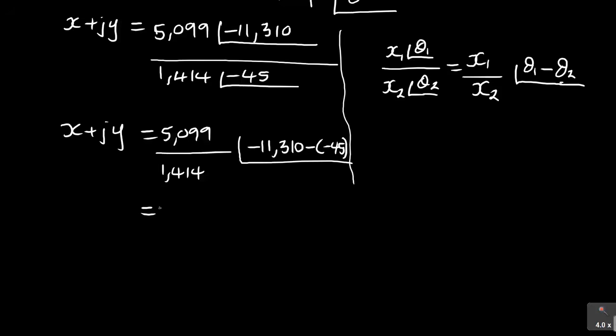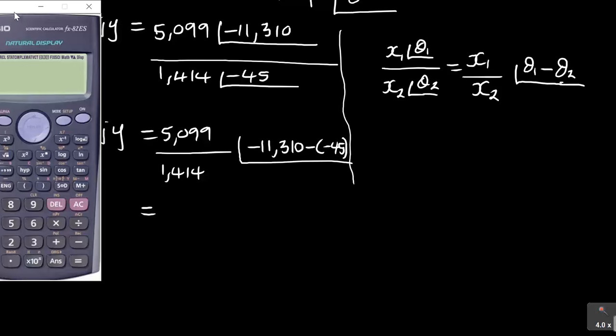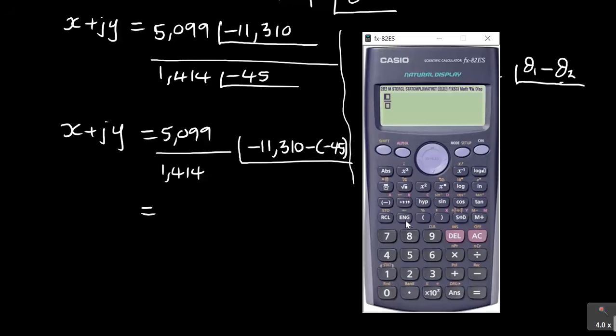So when I do that, let me use my calculator now to divide here 5,099 over 1,414, and then this gives me 3,606.